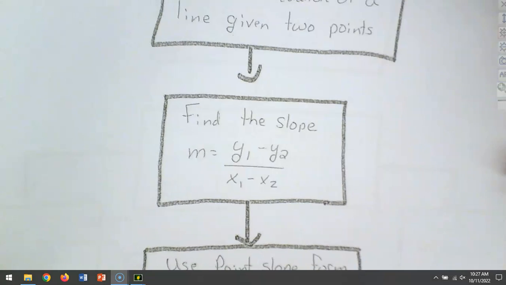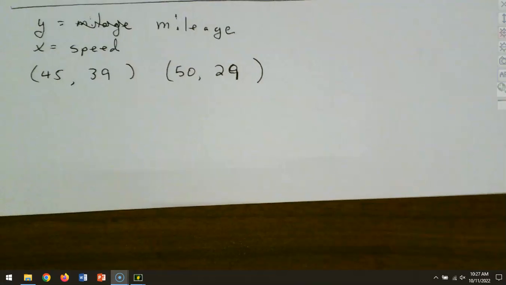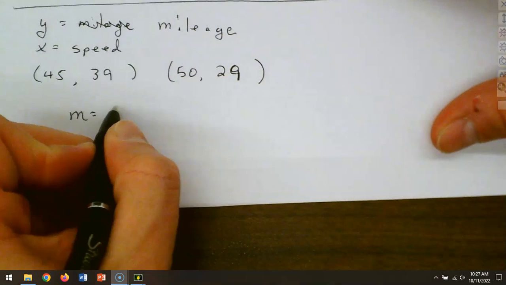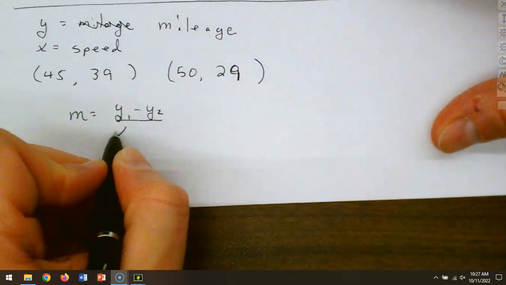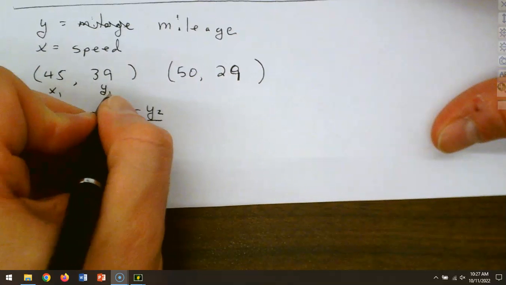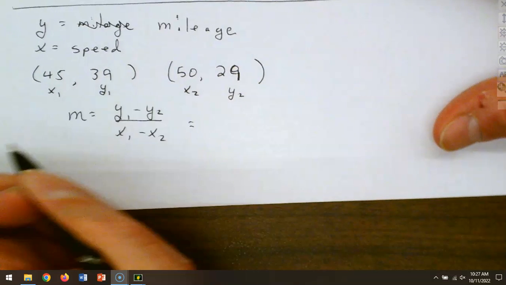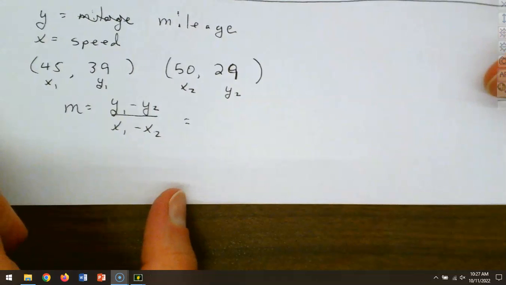What does it say to do? Calculate the slope. So we're going to do that first. So m is y1 minus y2 over x1 minus x2. And there's x1, y1, x2, y2. So plug in your values here.